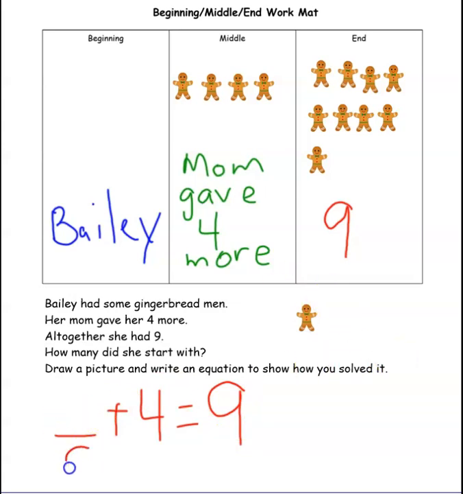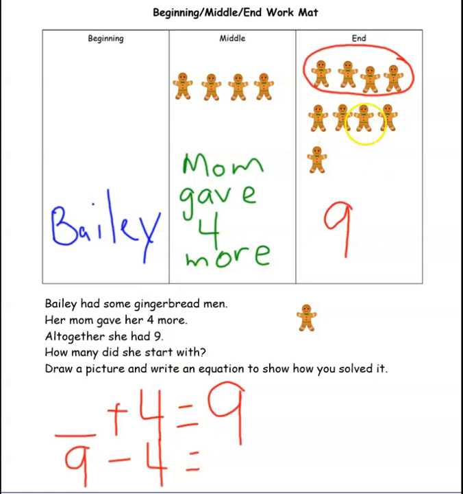We also could think about that we have 9 here all together, and we're going to take away the 4 that Mom gave her. If these are the ones that Mom gave her, how many did Bailey have in the beginning?